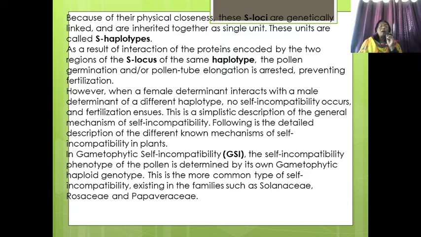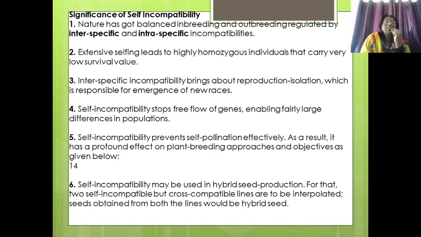This is more common in the type of self-incompatibility existing in families such as the Solanaceae, Rosaceae as well as the Papaveraceae. Then there is the significance of this self-incompatibility. First, nature has got balanced inbreeding and outbreeding regulated by interspecific and intraspecific incompatibilities.